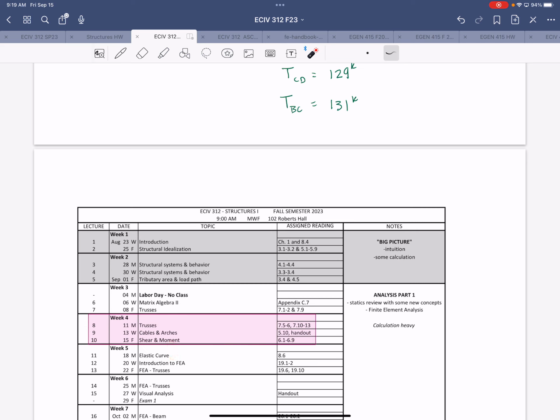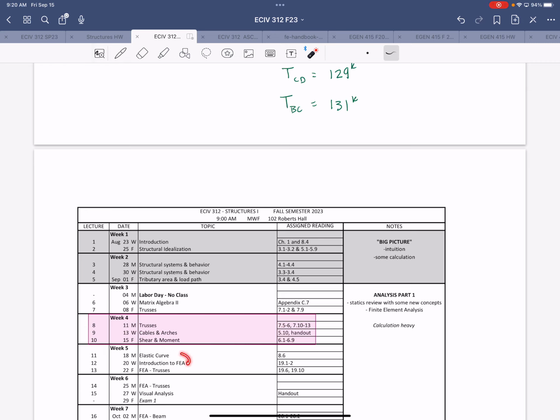And then on Wednesday we might start talking about finite element analysis on Monday, because the elastic curve is not a very lengthy lecture, so this probably will not take up an entire class.